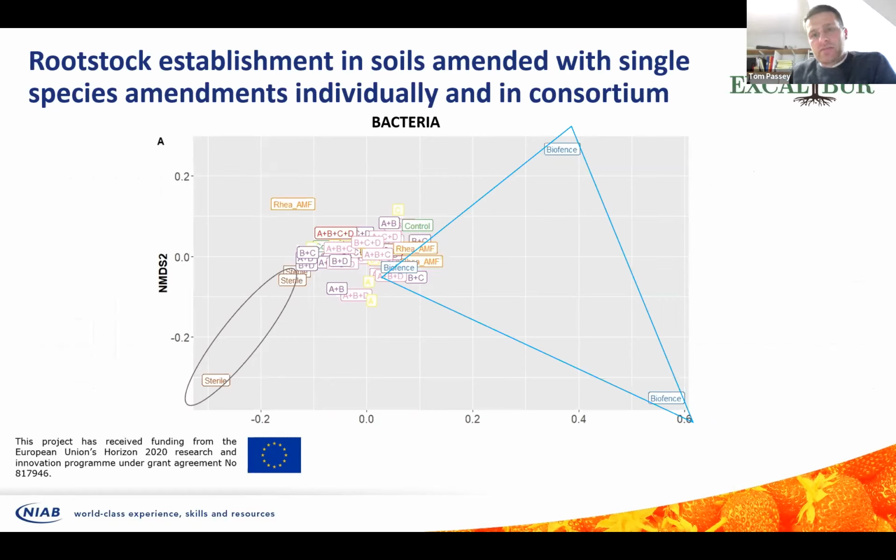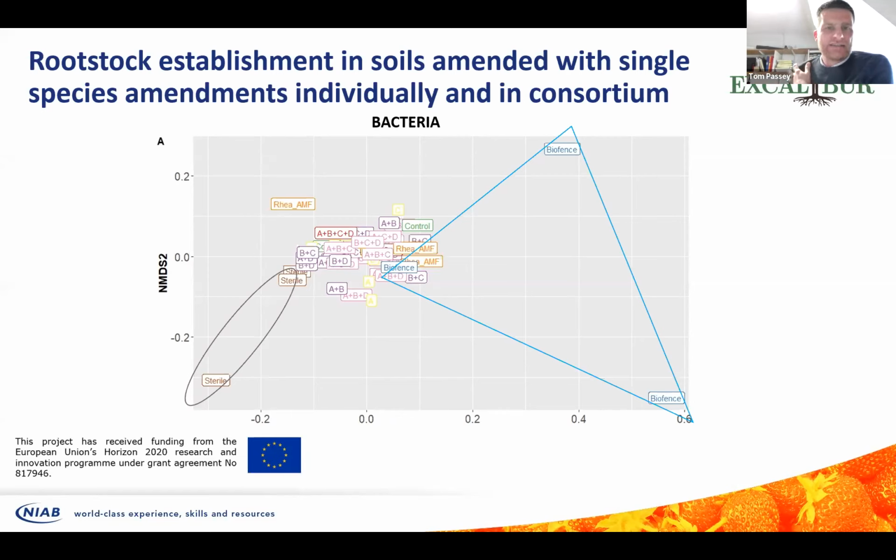And then the other product was a biofumigant product, or a product that can be used as a biofumigant. We found that the amount we used in a small pot wasn't great for then growing trees. We've used it in other trials in the past in the field and never had any problems, but when it's in a contained area, it obviously has a greater effect on everything that's going on there.